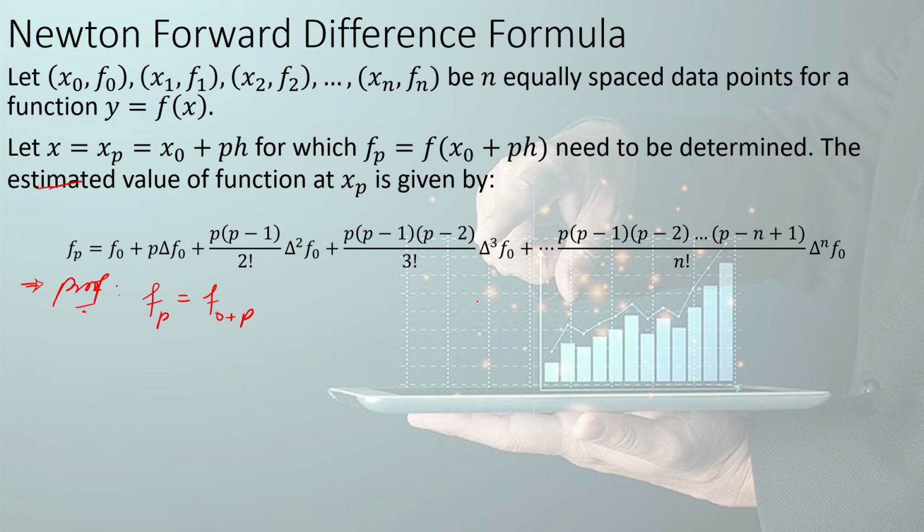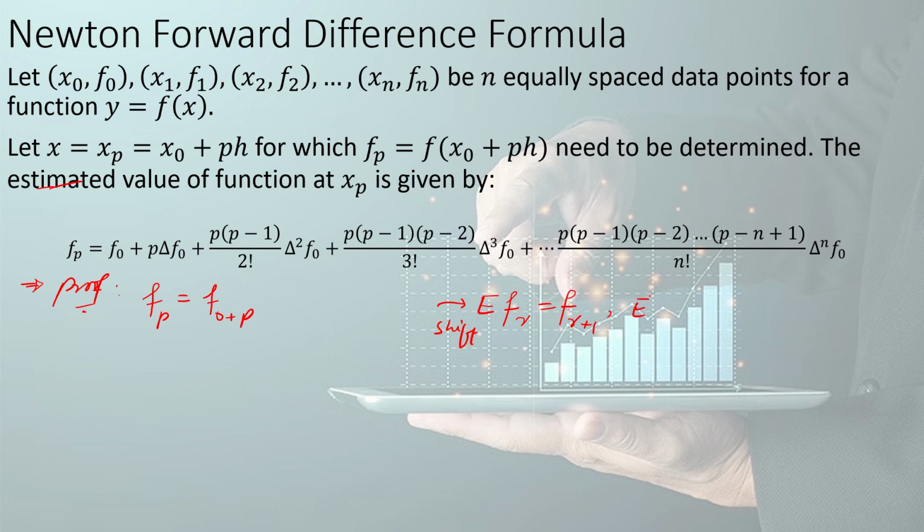Now we have an operator that is known as the shift operator, and when it is applied on a function fr, it shifts fr to fr plus 1.